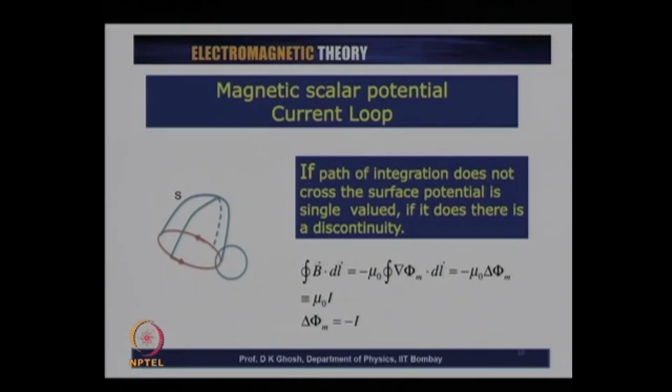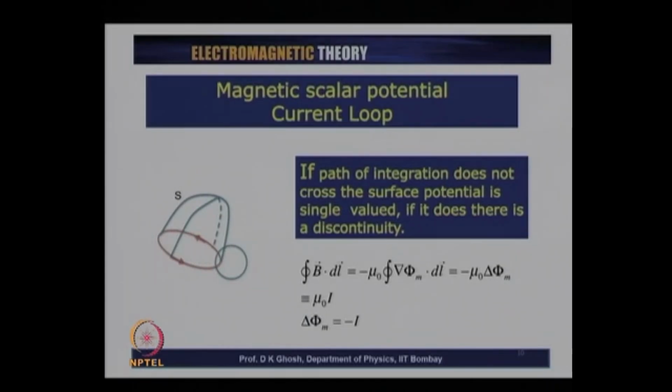But on the other hand, suppose I make this line current loop the rim of, let us say, a surface S. As long as I go from one point on the surface to any other point, for example, along this path, without crossing the loop, then my potential will be single valued. If it does cross, for example, this path, then there will be a discontinuity.